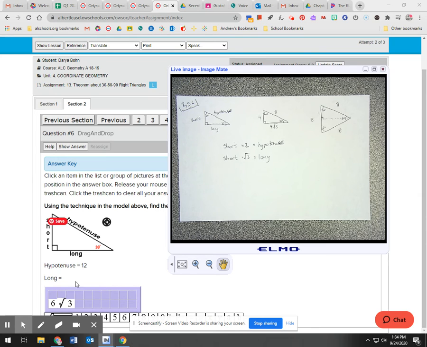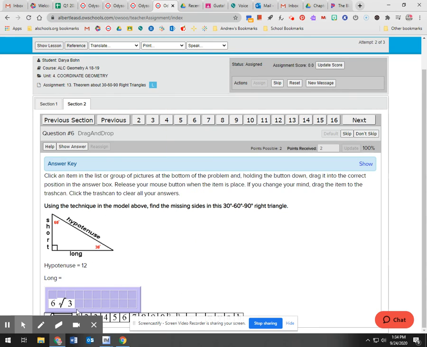I don't know the short. I know the hypotenuse. But if the hypotenuse is 12, the short leg has to be half as long as that. So the short leg must be 6. Once you know the short leg, put that square root of 3 on the end, and you've got the long leg. There it is, 6 root 3.